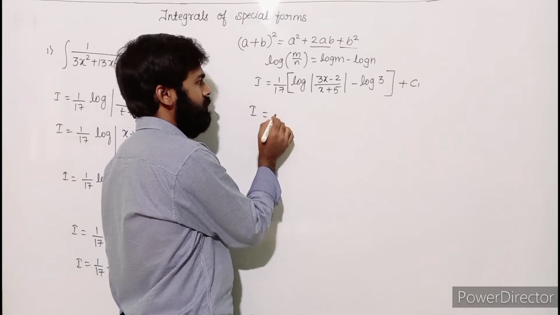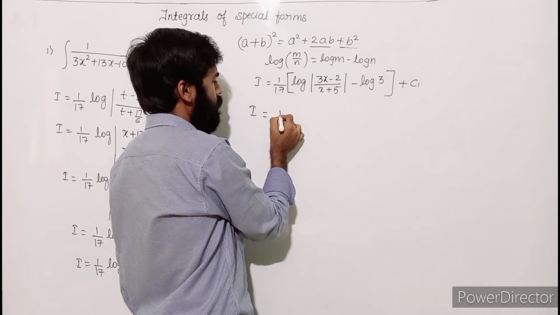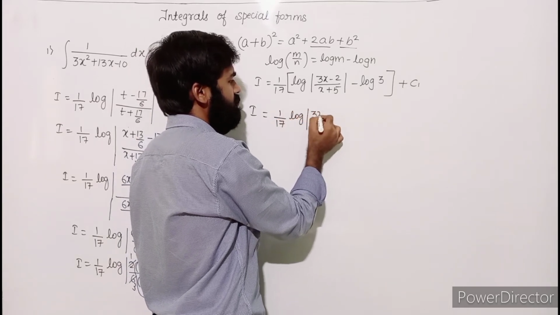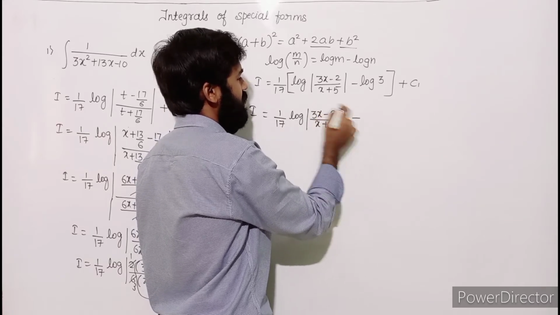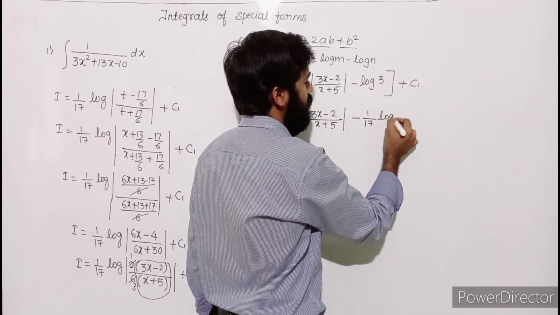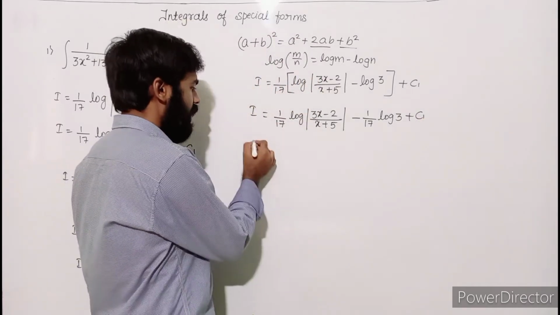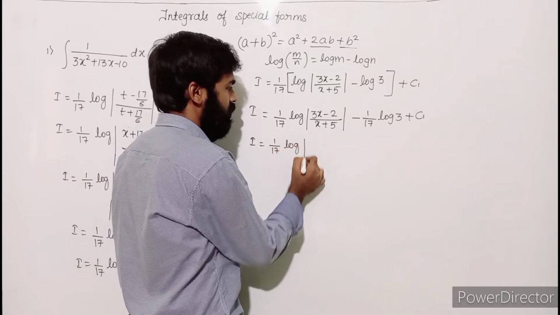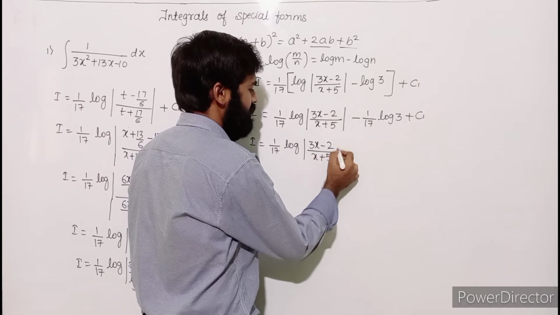Now I equals to, now multiply 1 by 17 inside to both the terms. What do you get? 1 by 17 log of mod of 3x minus 2 divided by x plus 5 minus 1 by 17 into log 3 plus constant of integration c1. Now I equals 1 by 17 as it is, log of mod of 3x minus 2 by x plus 5 as it is.